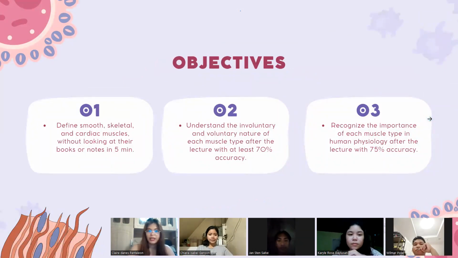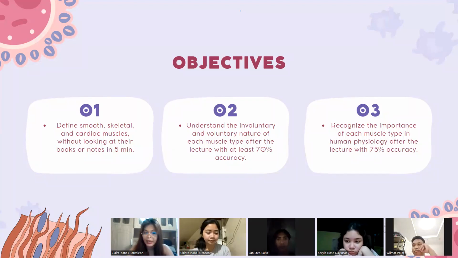So here are the objectives. Number one, you guys are going to define the smooth, skeletal, and cardiac muscles without looking at the books or notes in 5 minutes. So guys, just a heads up, we will be having a quick recap or a quiz later.